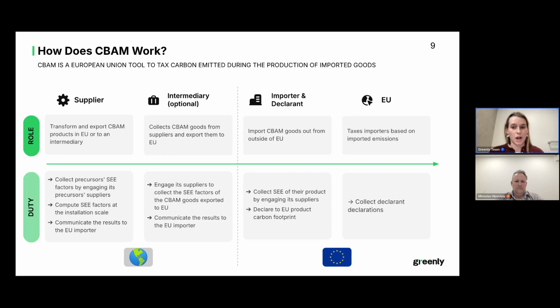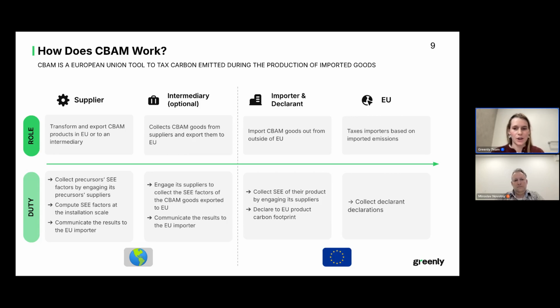Second one is calculating carbon footprints at the installation level for goods that you are producing in your own facility, and then communicating emission data to the next player in the chain, either an intermediary or directly the EU importer. This means that suppliers will need to engage in more rigorous carbon accounting and improve transparency in their emission reporting.